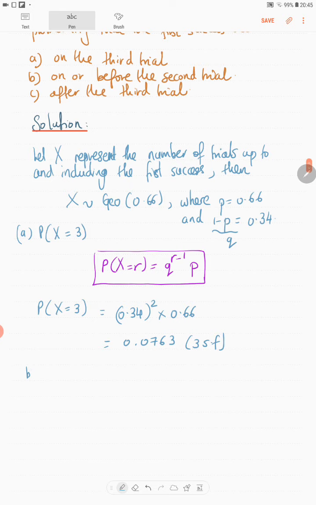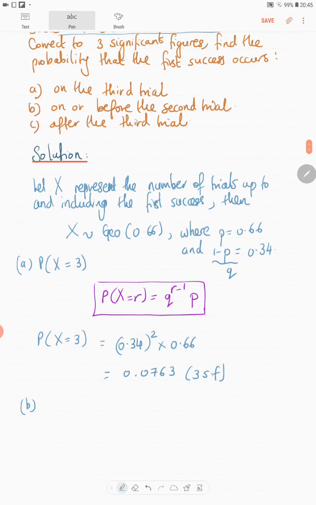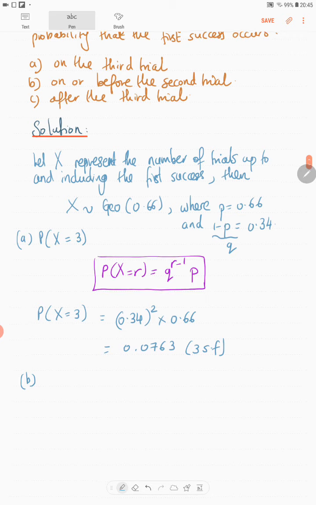Now for part B, we have to find the probability that the first success occurs on or before the second trial. On or before the second trial means that we have to calculate the probability X is less than or equal to 2. That is probability X is equal to 1 plus probability X is equal to 2.